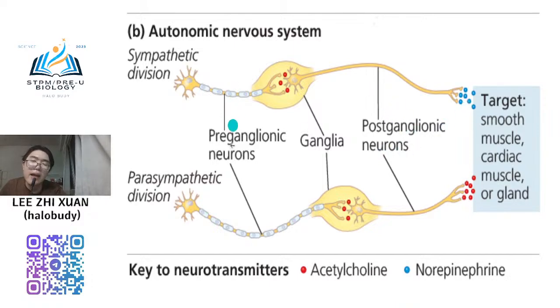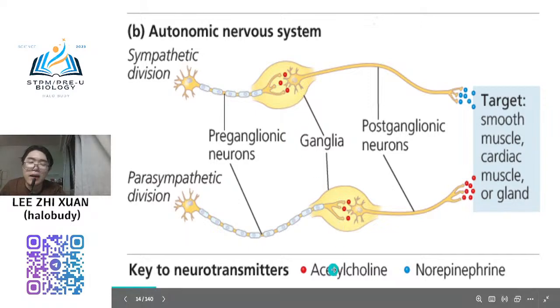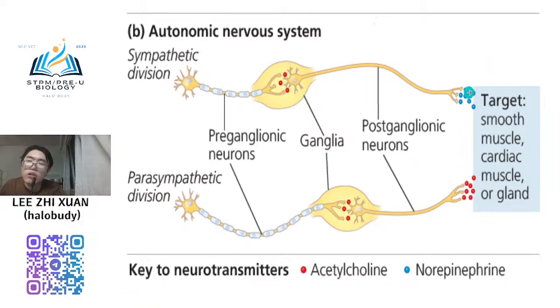Not the pre-ganglionic neuron, both of them release the same neurotransmitter, which is acetylcholine. But at the post-ganglionic neuron that is already attached to the effector, the neurotransmitter is totally different. For the sympathetic it is noradrenaline. For the parasympathetic it is acetylcholine.